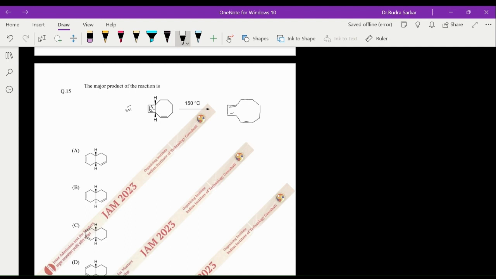If we rearrange this molecule in the following manner, and then think that this is undergoing again a reaction under the influence of heat. So this is again a 6 pi electron system, and one should think now that this will be undergoing disrotatory.